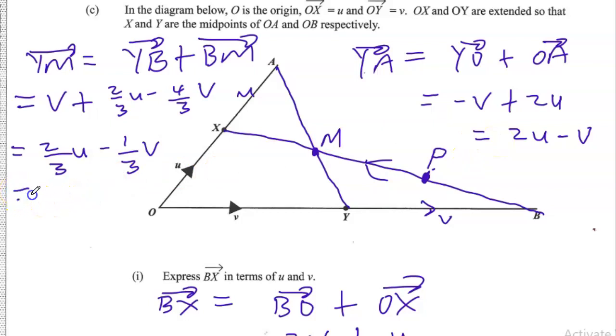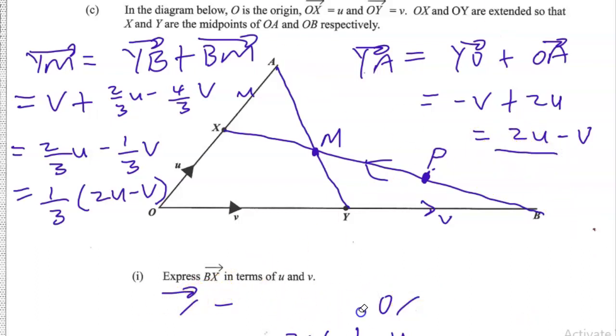Let me just come back to YM. Factor out 1/3. I'm left with 2u minus v. So YM is 1/3 of 2u minus v, and YA is 2u minus v. Let me do the ratio right here.